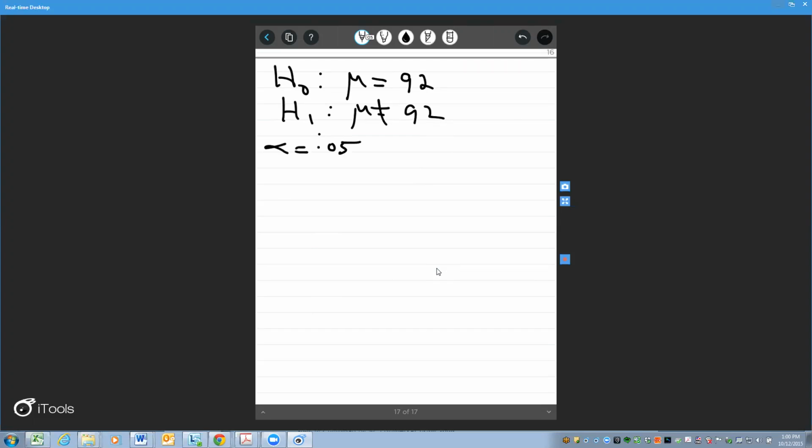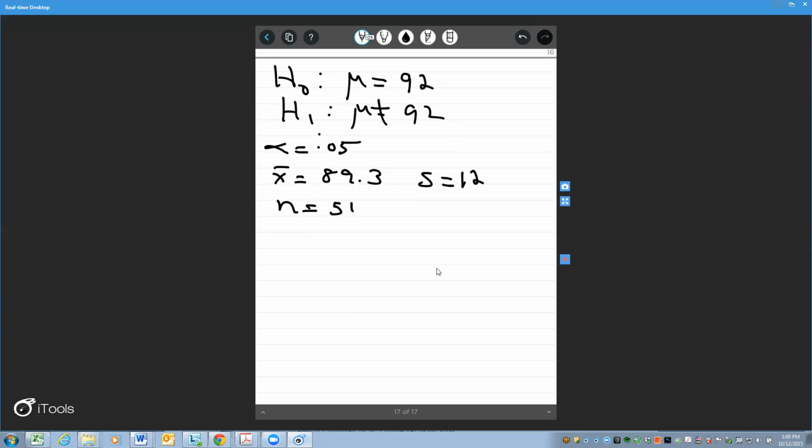And let's suppose we have an x bar of 89.3, S is equal to 12, and N is equal to, let's do 51.